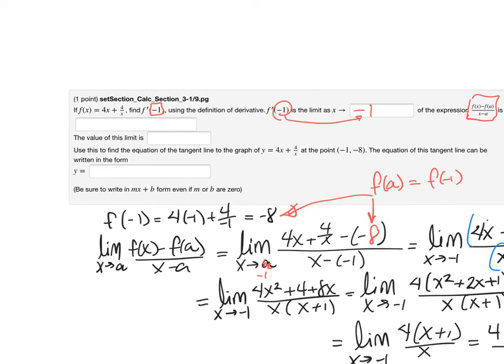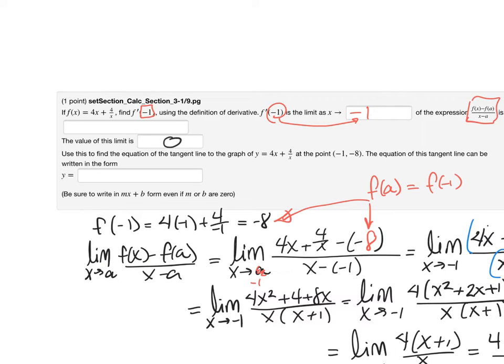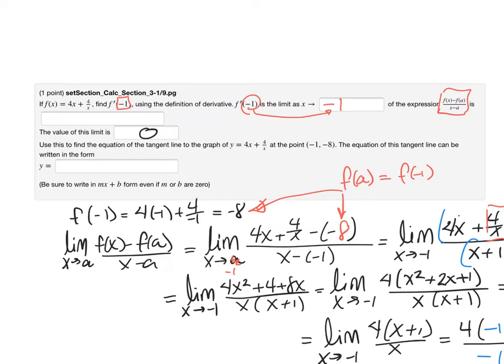That value is going to go here. The value that needs to go in this part of the question is this part right here. So let me highlight that in green. This needs to go right there.